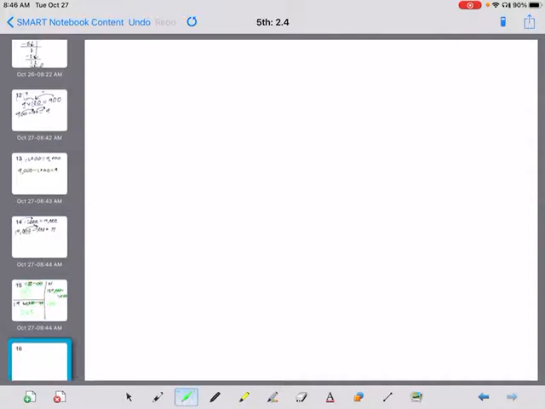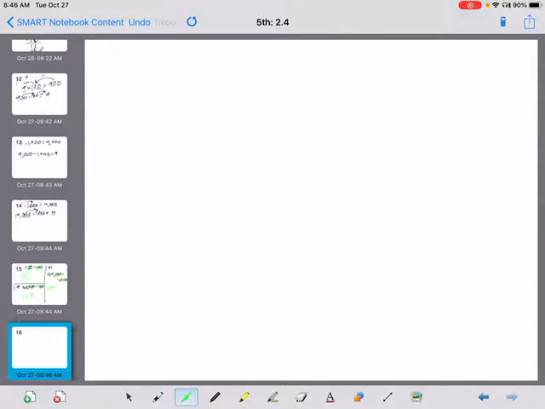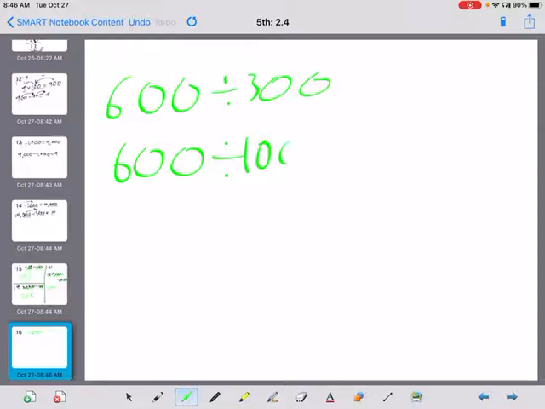All right, midway through page 77, we're breaking apart numbers to help us divide by hundreds or thousands. So if we've got 600 divided by 300, then we need to say, hey, I've got 600 divided by 100 divided by 3.